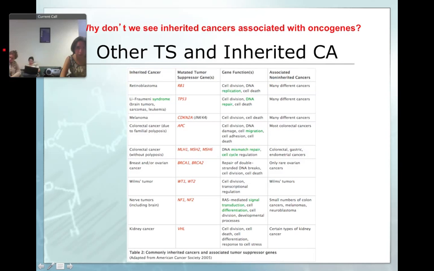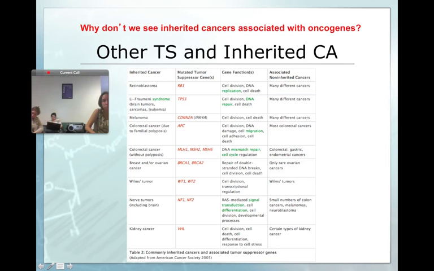We don't really have any familial diseases of inherited cancers associated with activated oncogenes. There's no inherited cancer associated with an inherited activated RAS or SRC. Why do you think that is?